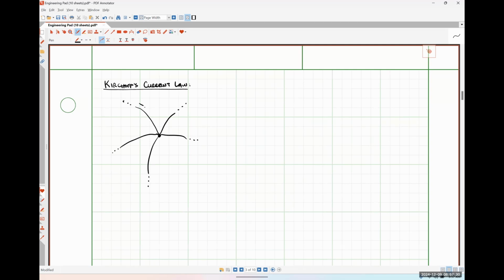And I'm going to define a current I1 flowing in. Let's define I2 flowing out of the node. I3 will flow out. I4 will flow in. And I5 will flow out like so.